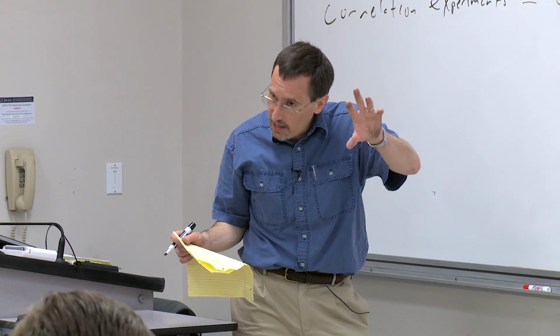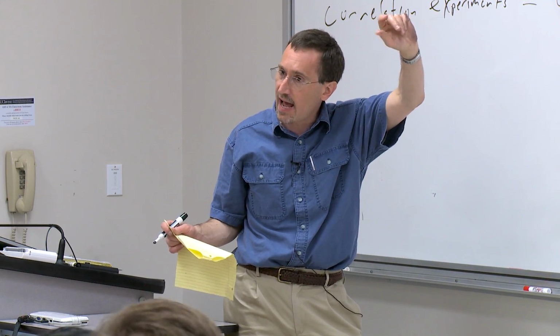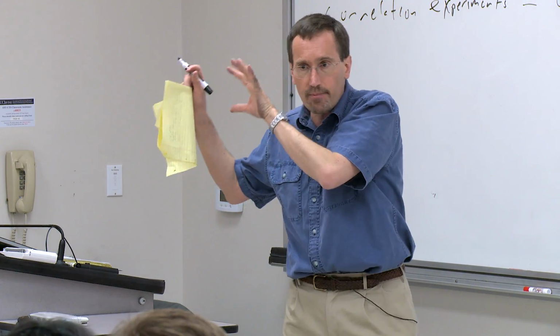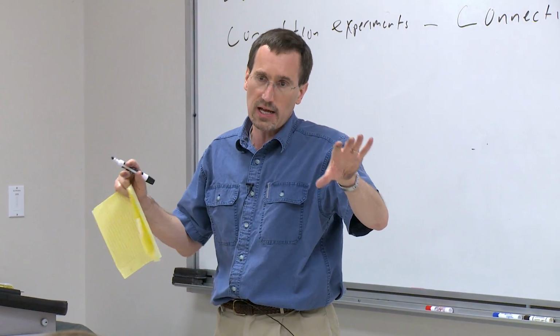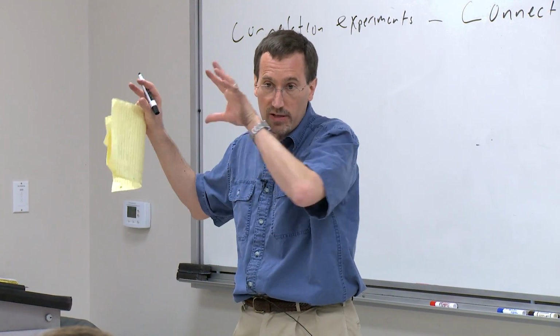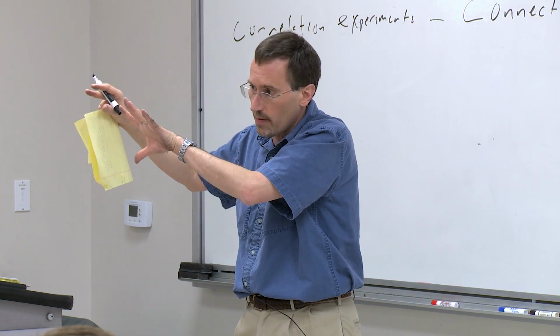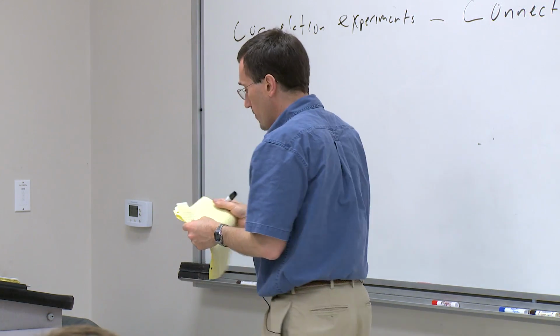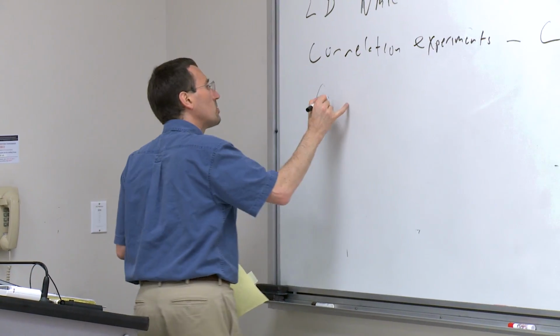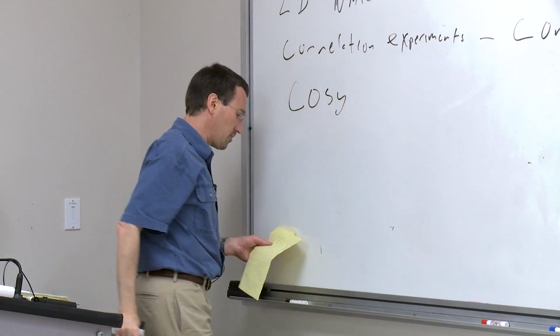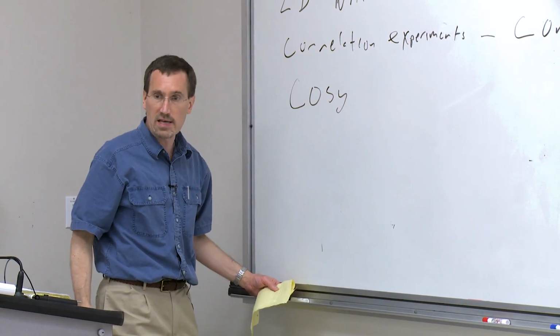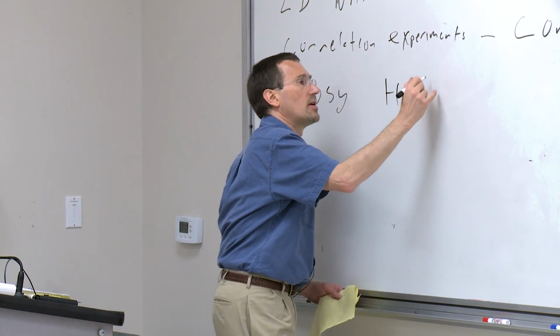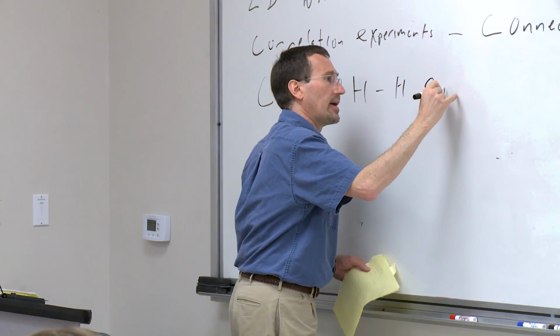When you see a triplet and a quartet, you say, oh, that's probably a methyl group next to a CH2 group, particularly if the triplet's 3 hydrogens and the quartet is 2 hydrogens. COSY goes ahead and gives this by a specific cross peak for hydrogen-hydrogen coupling.